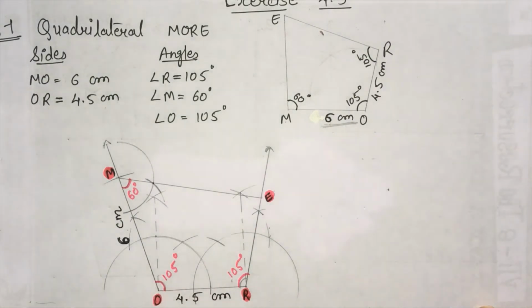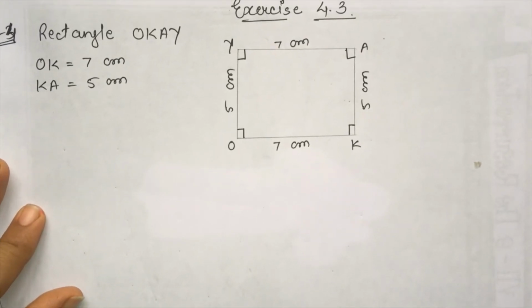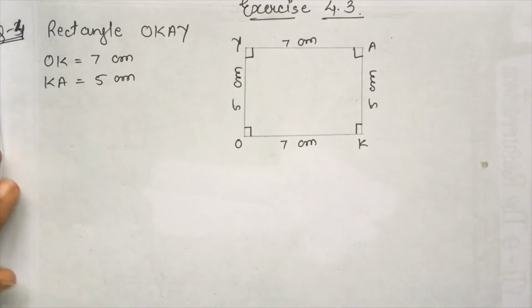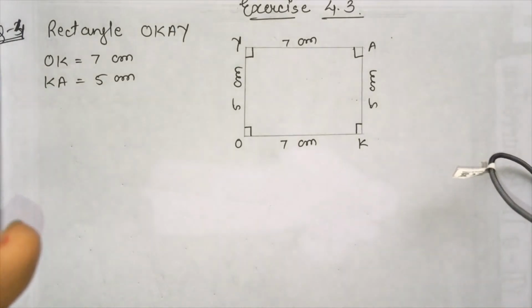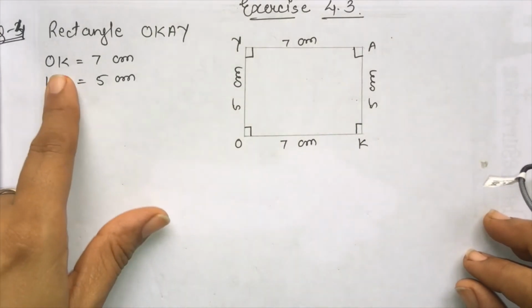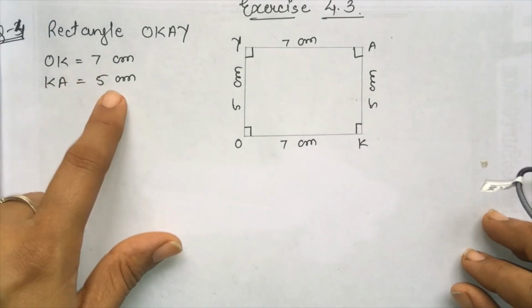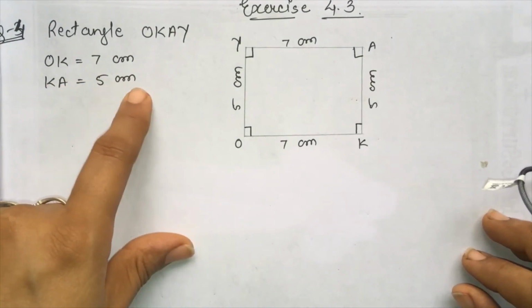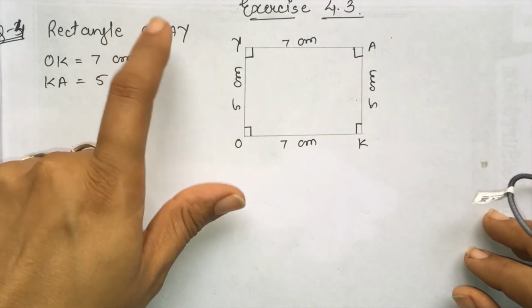Next, we have to construct a quadrilateral OKAY, which is also a rectangle. So here the name of the rectangle we are given is OKAY, where OK is 7 centimeter and KA is 5 centimeter.